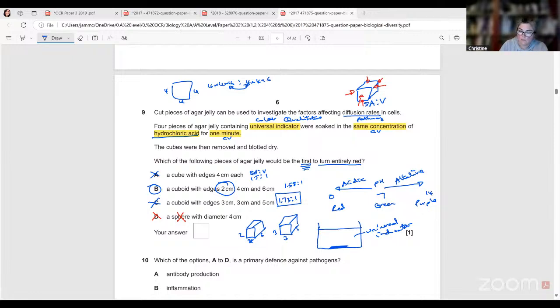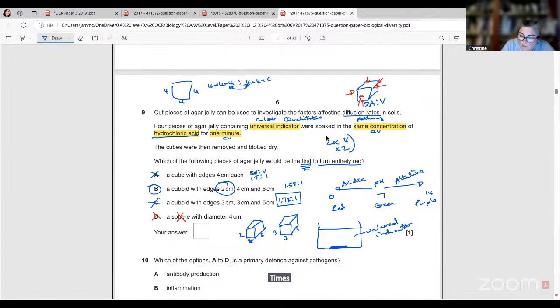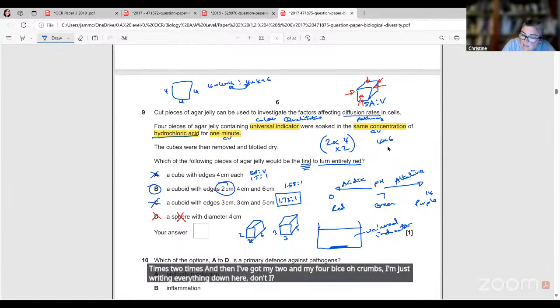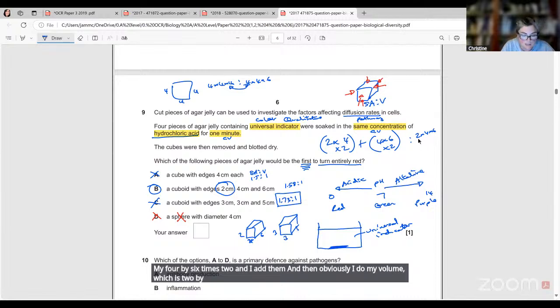Oh, okay. So if you've got your 2 by 4 by 6, that's my cuboid. So I've got 2 by 4 times 2, and then I've got my 4 by 6 times 2, and I add them together. And then obviously I do my volume, which is 2 by 4 by 6.